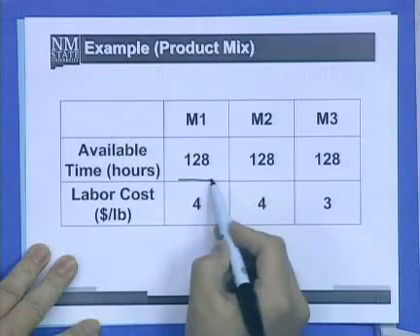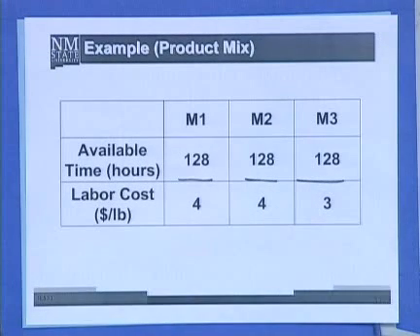Okay, then what constraints do we need to consider? There is a restriction on the machining time, right? Only 128 hours per week are available on each machine. Is that right?